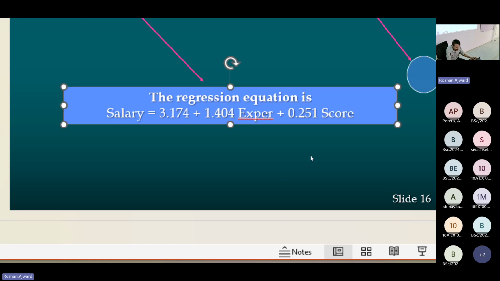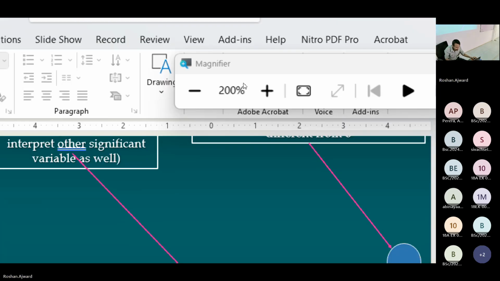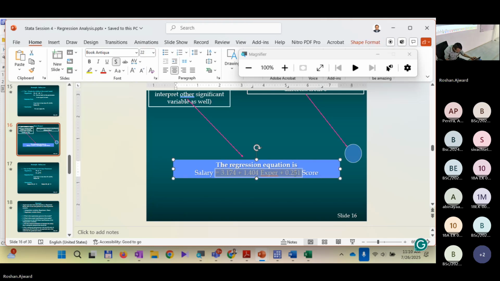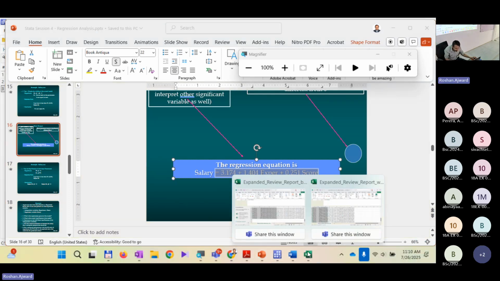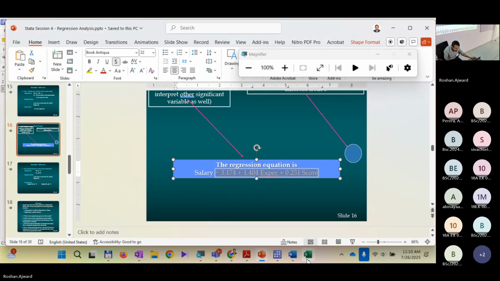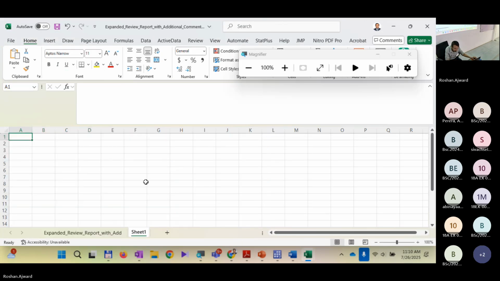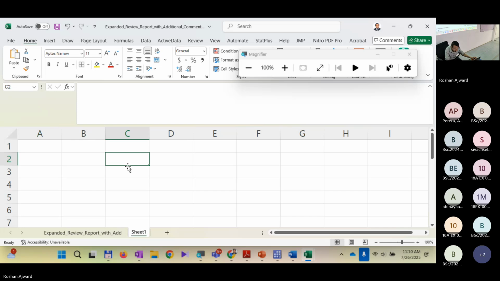So what I'm going to do is go to my beloved Excel. Make a copy, copy this, and paste it in Excel.